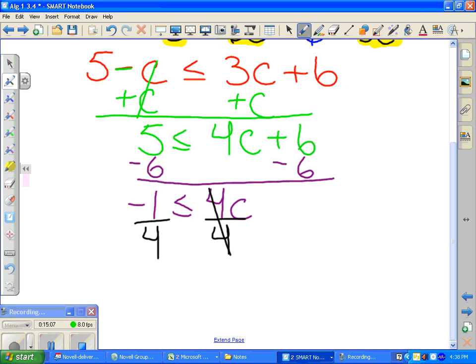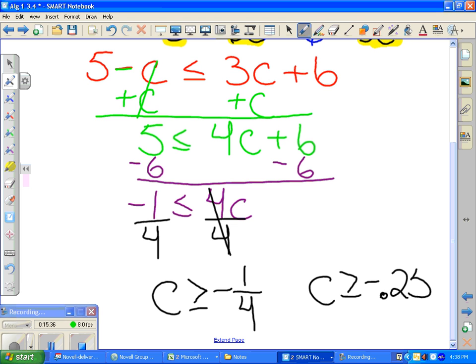You can leave the fraction. You can leave it as negative 1/4. However, the c has to be written first. And when you switch the variable around and the number, you got to switch the less than to a greater than or equal to. So your answer is c is greater than or equal to negative 1/4. Now, you could have made that a decimal, a negative 0.25 would also be acceptable.